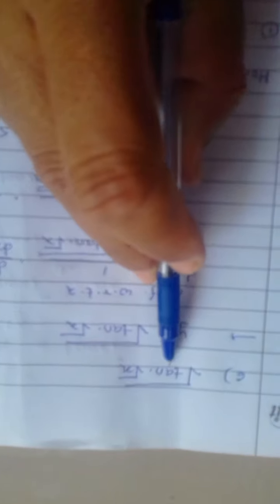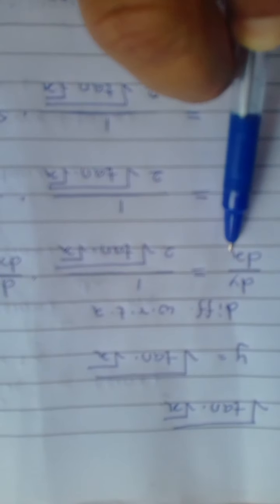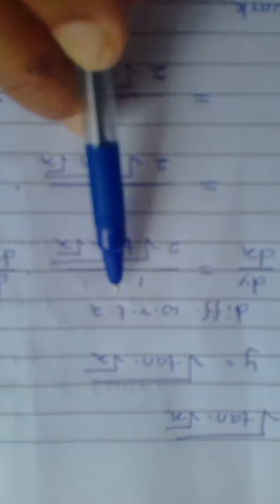Again consider the last example, under root of tan of root x. Take y is equal to under root of tan of root x, differentiating with respect to x. Therefore dy by dx is equal to 1 upon 2 root tan of root x into d by dx of tan of root x. Already we know the derivative of root x from 11th standard: the derivative of root x is 1 upon 2 root x.